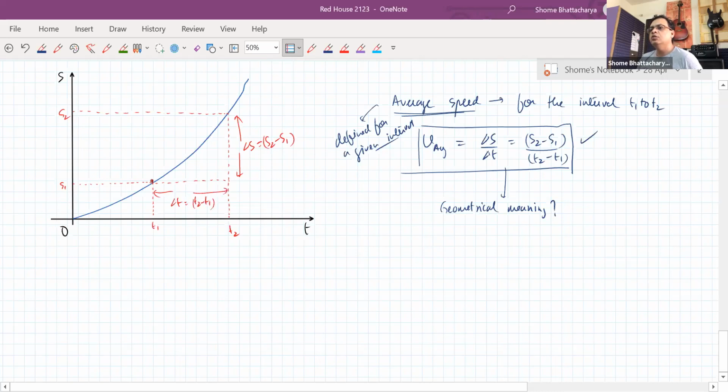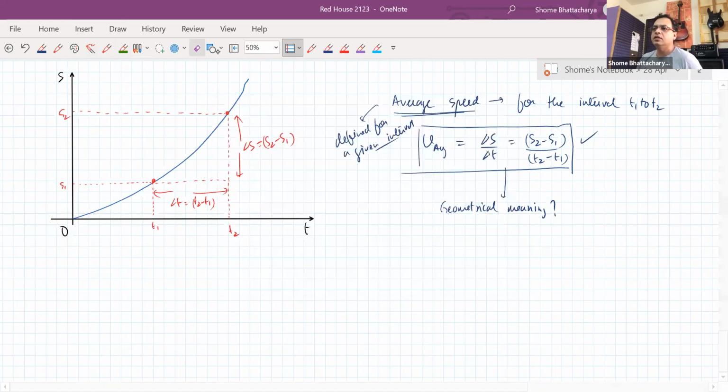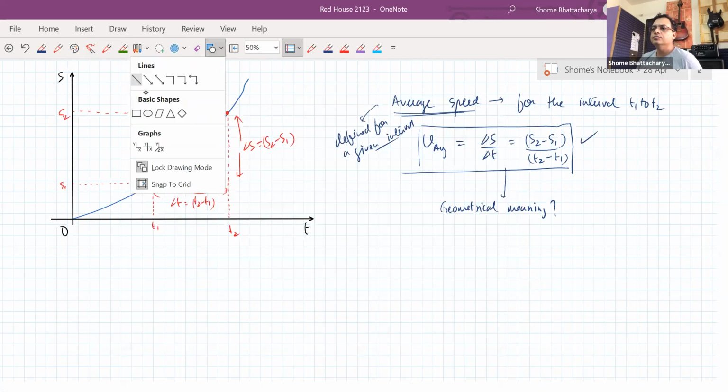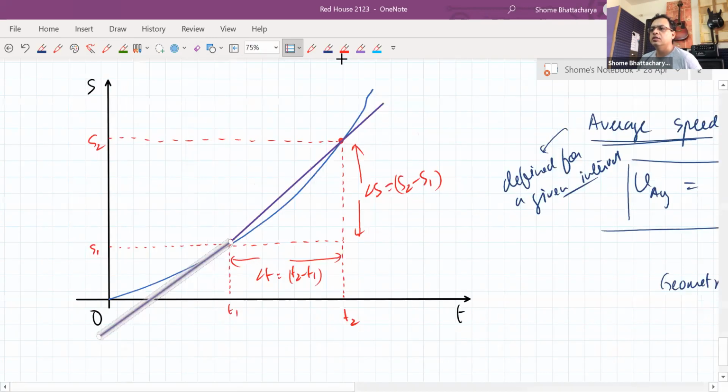Now, if I join these 2 points with a straight line, what does this delta s by delta t represent? It represents the slope of that straight line. If I just join these 2 points with a straight line, then it represents tan theta for that straight line.